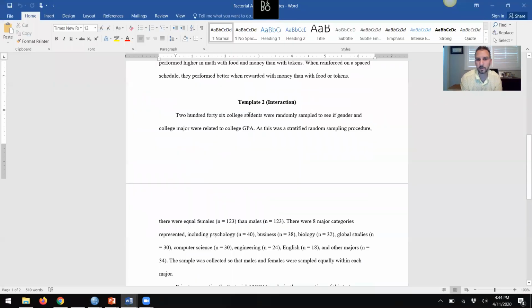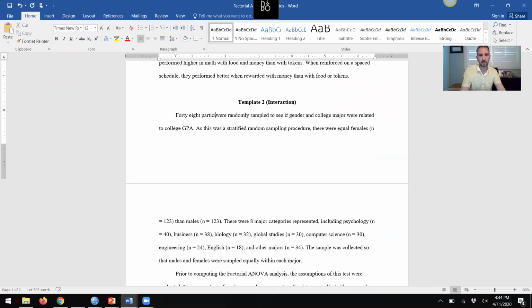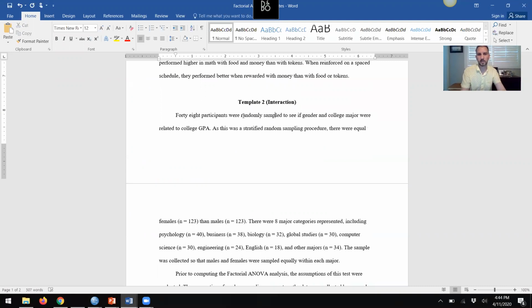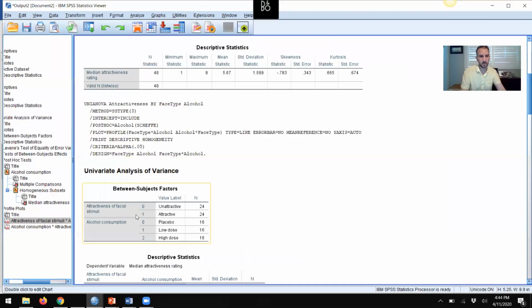All right. If you ever start a sentence with a number, you're not supposed to start it with the numerals. You're actually supposed to write it out. So I'm going to write it out here. Forty-eight participants were randomly sampled to see if phase type and, what was the other variable name?